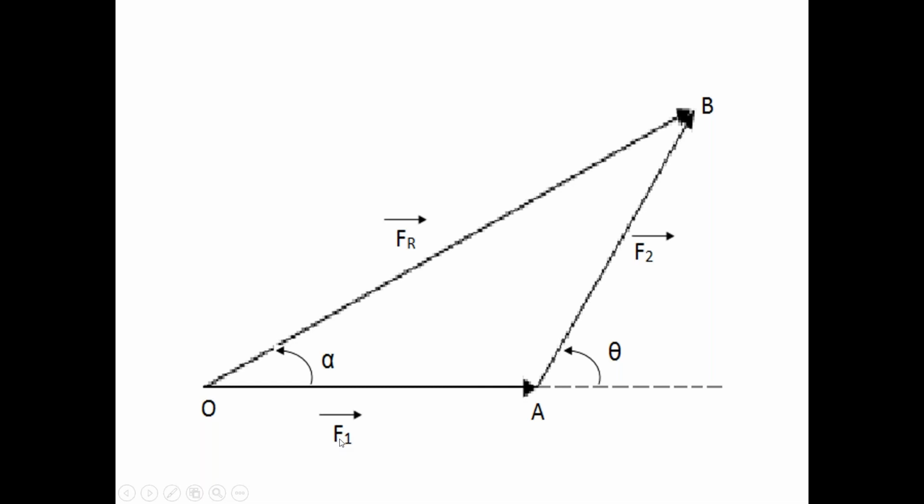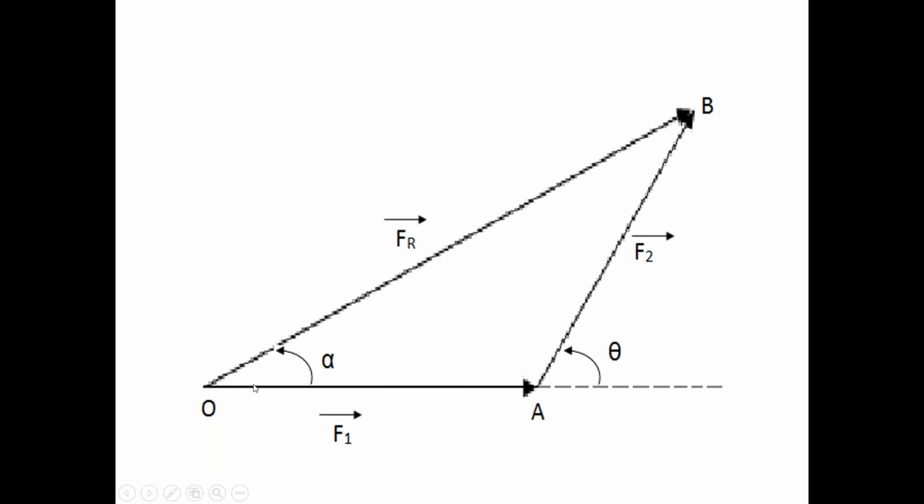Two forces F1 bar, F2 bar are acting on the rigid body. We are going to find the resultant force FR bar of the two forces F1 bar, F2 bar by using the triangle law of forces. First, consider the force F1 bar as the side OA of the triangle graphically.